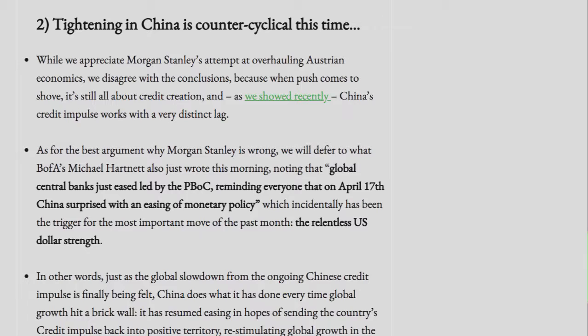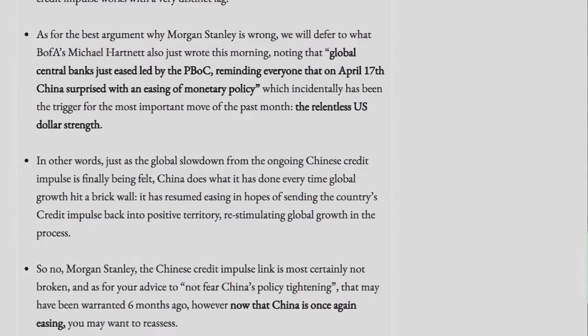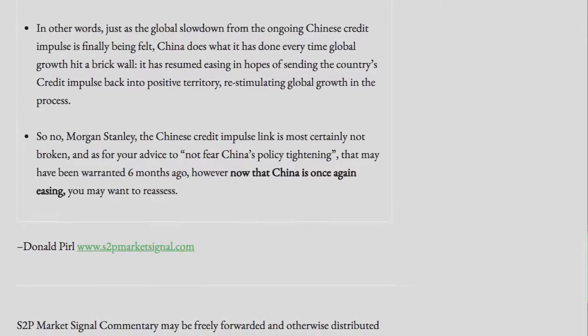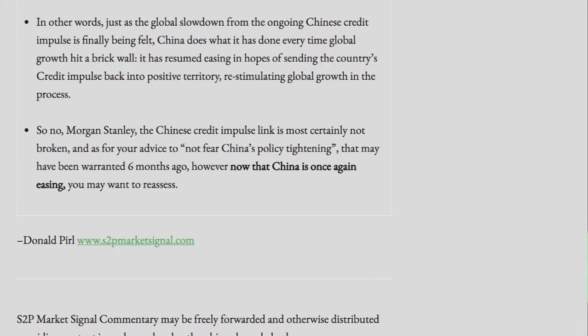dollar strength. In other words, just as the global slowdown from the ongoing Chinese credit impulse is finally being felt, China does what it has done every time global growth hit a brick wall. It has resumed easing in hopes of sending the country's credit impulse back into positive territory, re-stimulating global growth in the process.